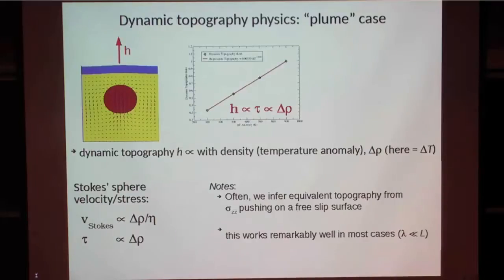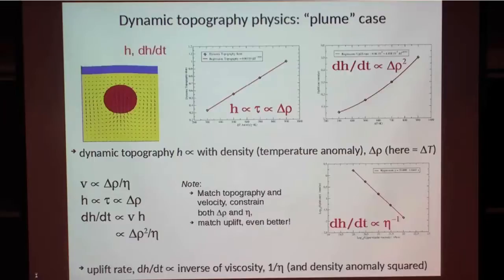So the topography scales with the density anomaly only to first order, and not the viscosity so much. Lateral viscosity variations will modify the wavelengths of expression, but not set the scale. What's interesting is if we're looking at time change in topography, such as the geologist might measure, that time change of topography goes with topography times the velocity, which turns out to scale as density squared divided by viscosity.